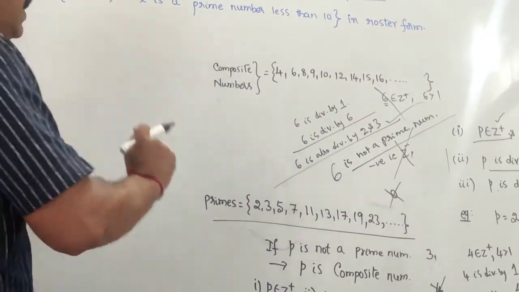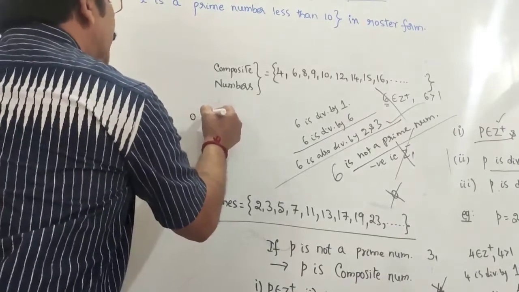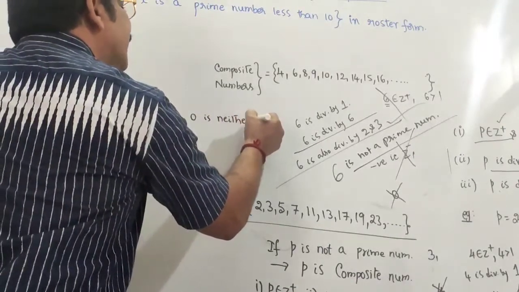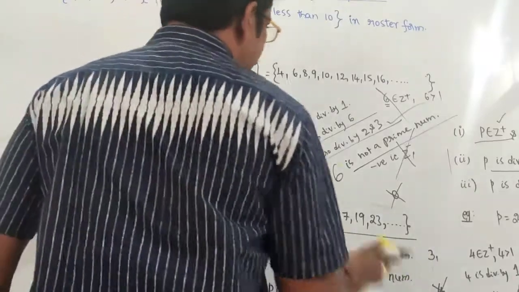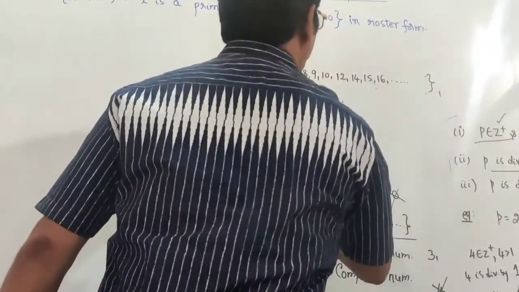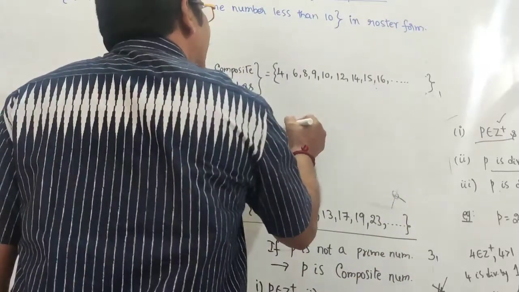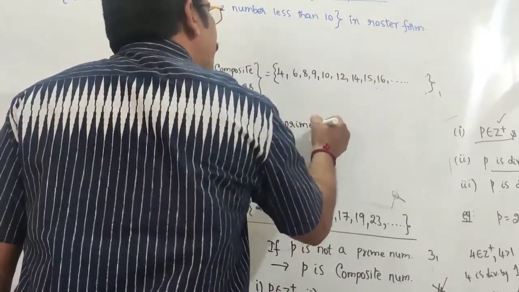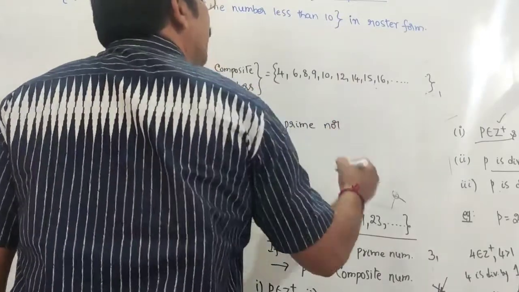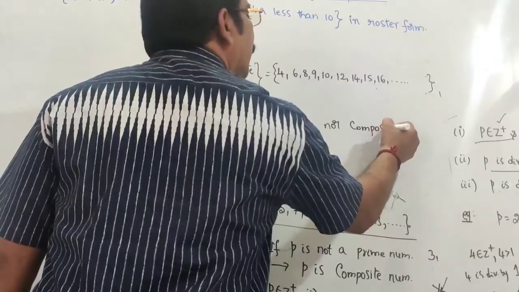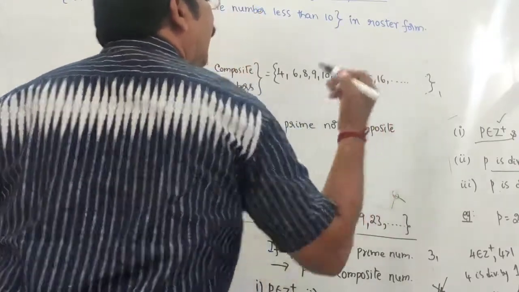And we notice from these two definitions, 0 is neither a prime nor a composite number.